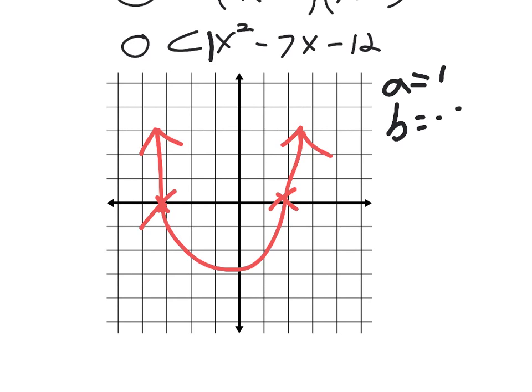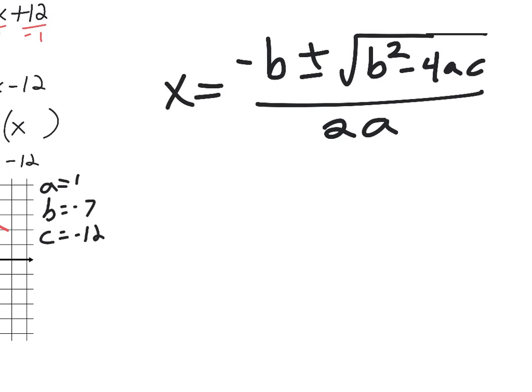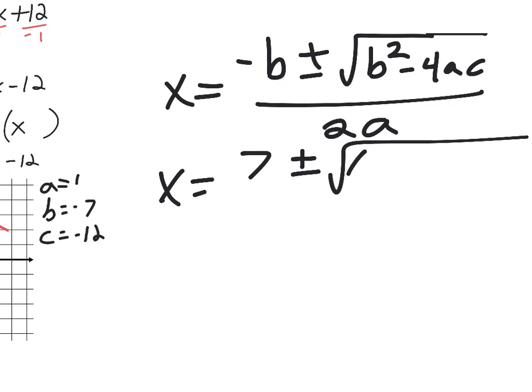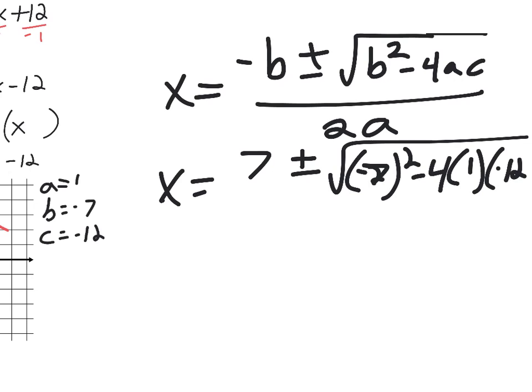B is going to be -7, and C is going to be -12. So plugging them into the quadratic formula, a -7 makes a +7, then -7 squared minus 4 times A times C, all divided by 2A.